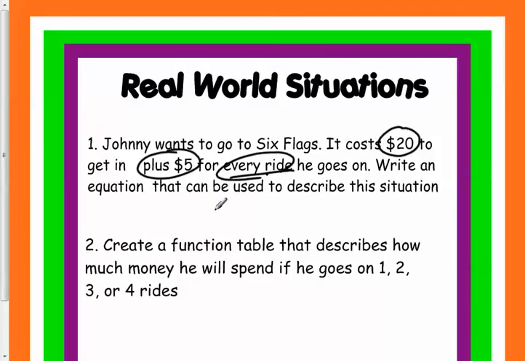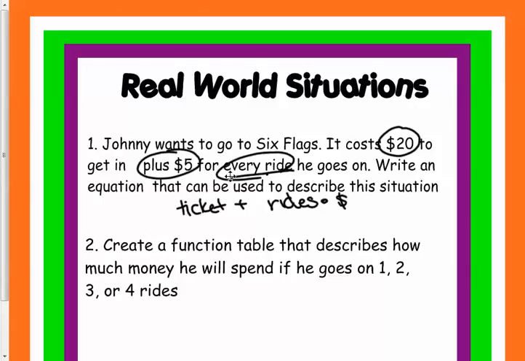Okay, so we have the cost to get in, so a ticket, right? Plus the $5 for rides, but we have to multiply the rides by the amount of money that each ride costs. Because I could ride one ride for $5, or I could ride 2 for 5 times 2, which is 10, right?